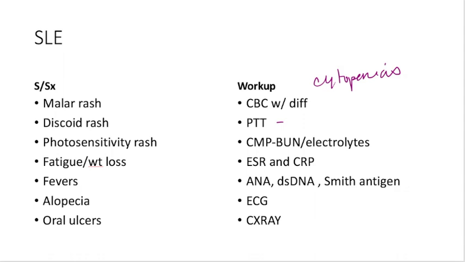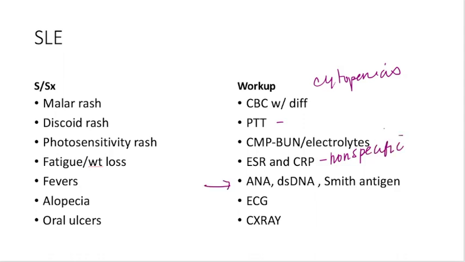You need to look at your kidney function and electrolytes, because this can deposit within the kidney and cause glomerulonephritis secondary to lupus. You would be looking at inflammatory markers such as the ESR or C-reactive protein. They are non-specific, but they go to that inflammatory response.